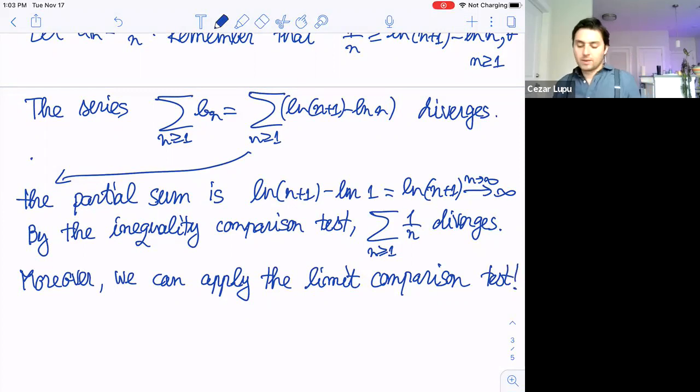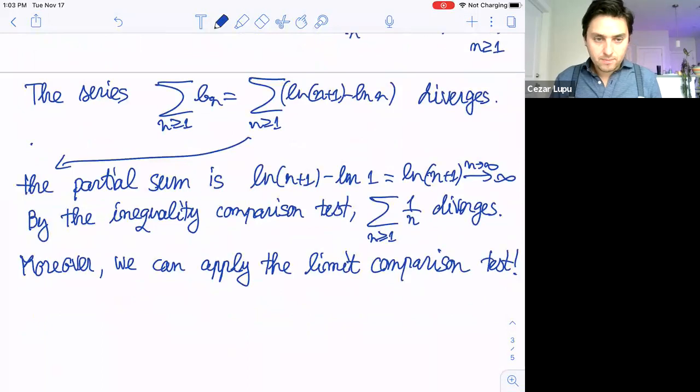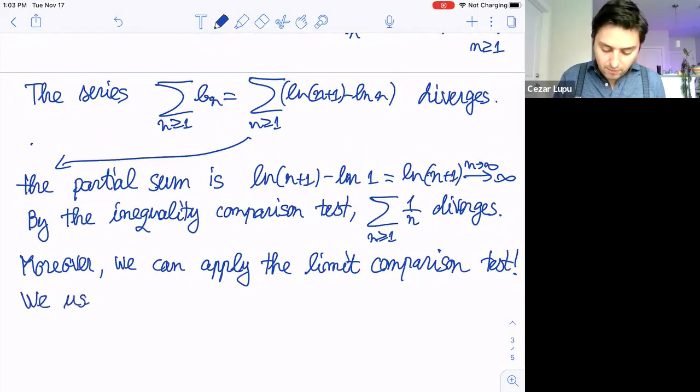What are we going to do here? So we use the fact, and I'm going to use the limit of functions, but I'm sure you know this.